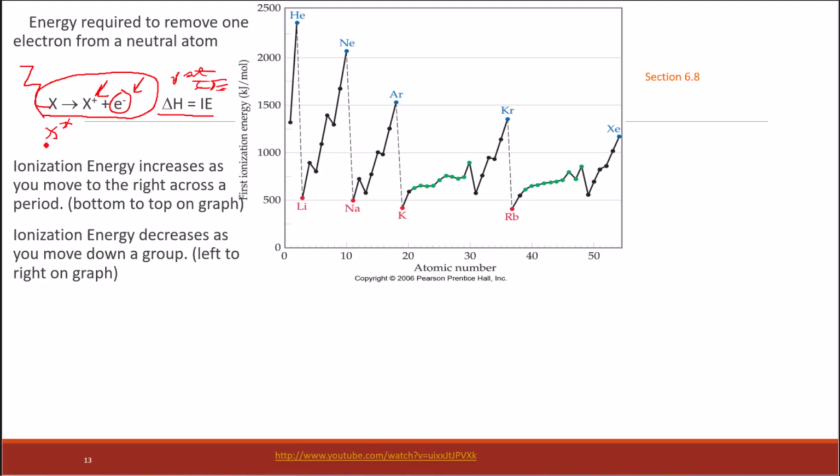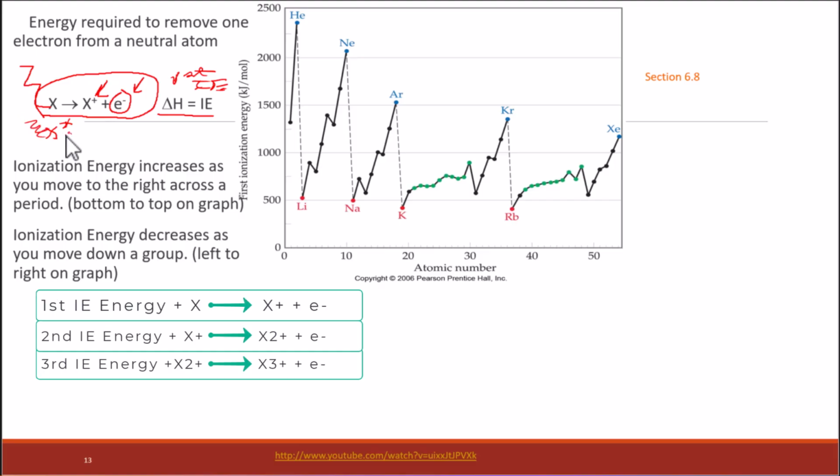Now, you might imagine, since you've got the same number of protons in the nucleus for the cation of this particular element, that it would take more energy. So it's going to take more energy to remove the second electron. That would give you an element with a +2 charge, and again, you'd have one electron over here. So we would call this the second ionization energy.